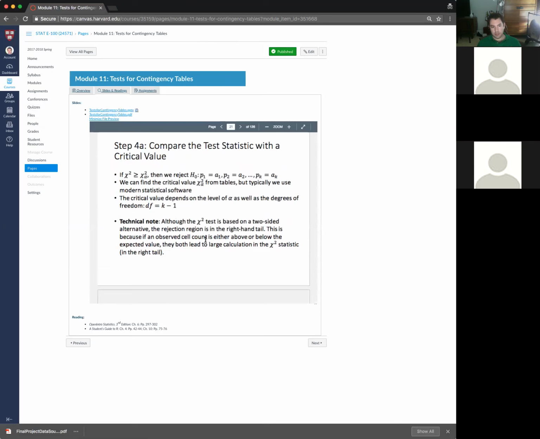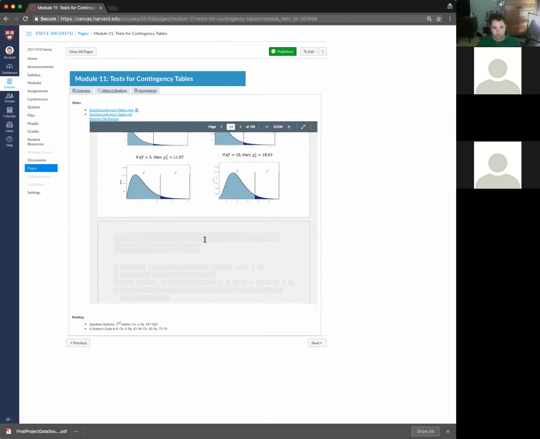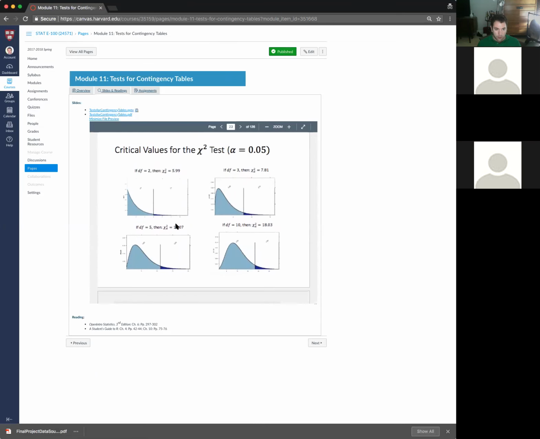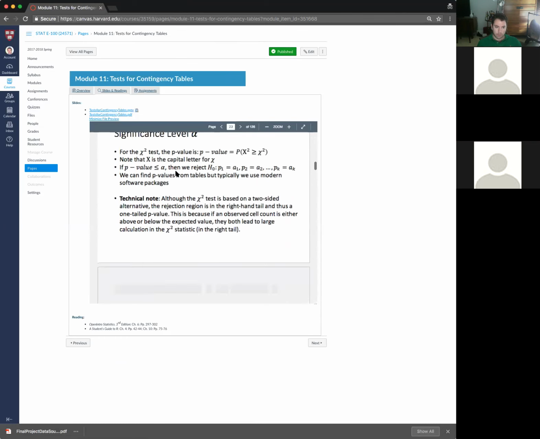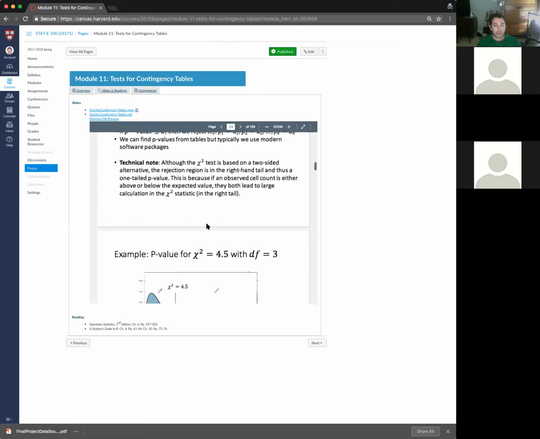And then you'll compare the test statistic with the critical value and make a conclusion. So the critical value for degrees of freedom of 2 at a 5% alpha value will be about 6. So we could actually even calculate this by hand.